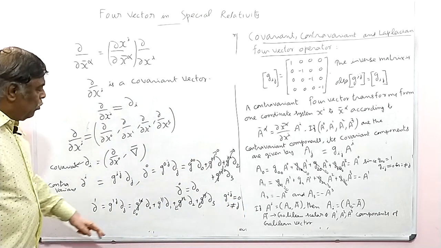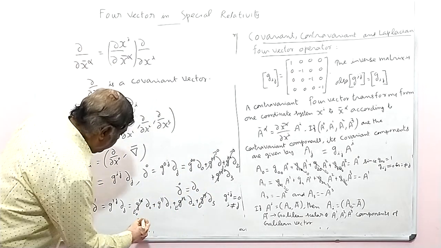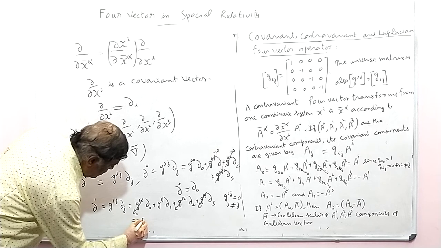What is g^11? g^11 is minus 1. So, minus d1.